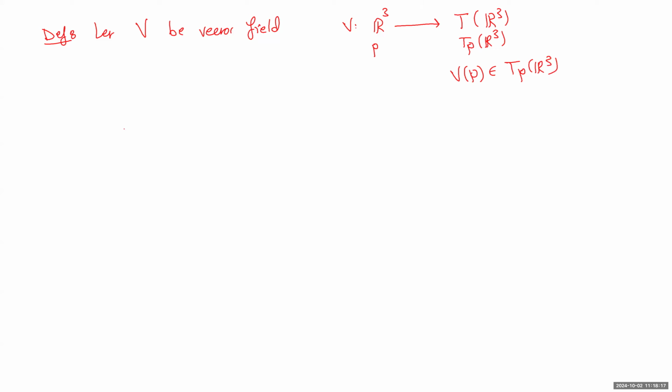Then what we can do now, we have the directional derivatives. We can take the directional derivative at that thing, because this here is an element of the tangent space.